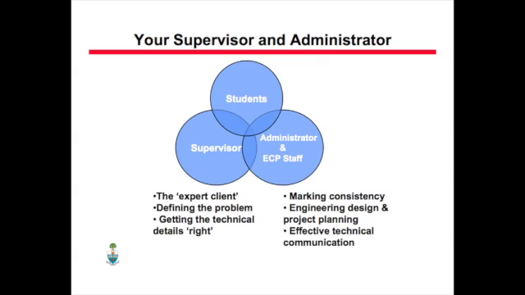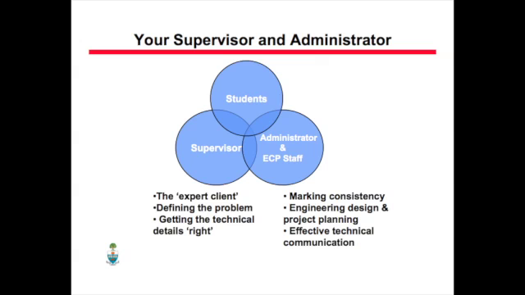And if you are lost, how are you going to deal with that as well? So both are important, and both of them will support you as you work through the design project. And as well, of course, there's also the engineering communication program staff for helping you with the presentations and the communication aspects.